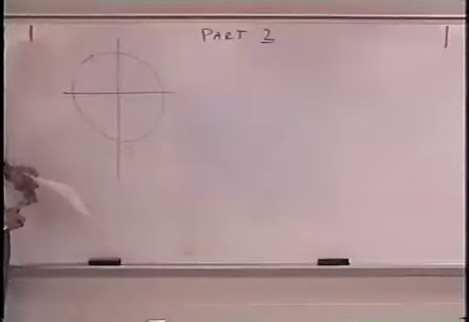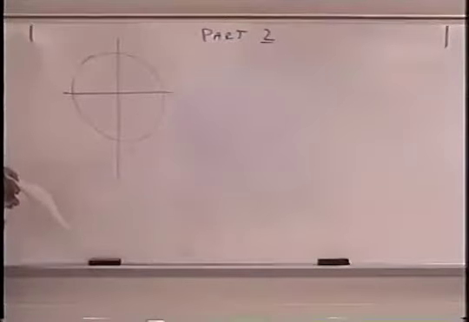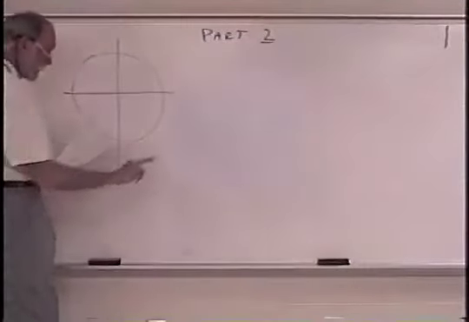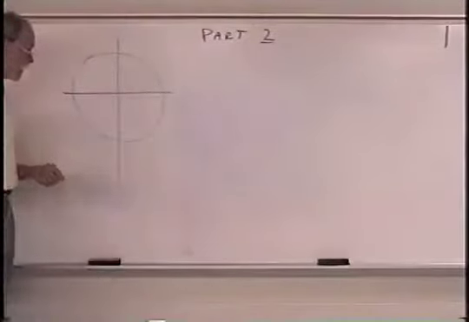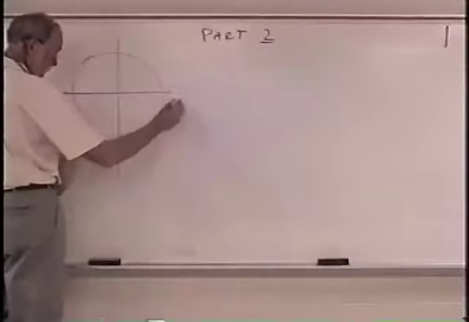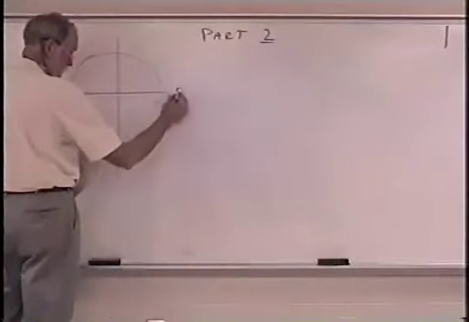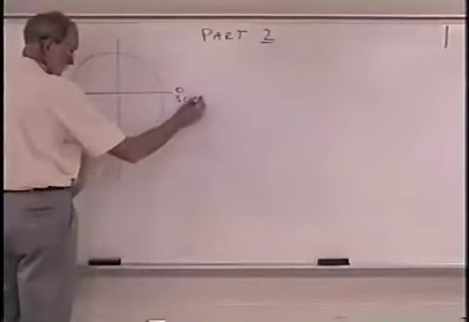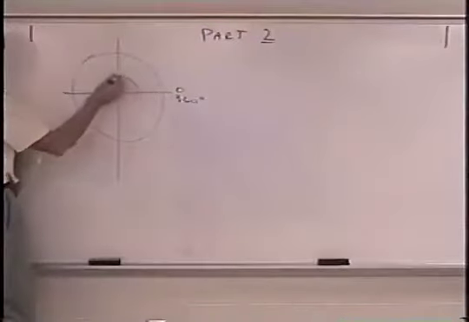So the one you're most familiar with, I'm sure, is the degree. However, in electronics, we have a lot of applications for using the radian. Now, in a circle, we know that there are 360 degrees if we go all the way around the circle.